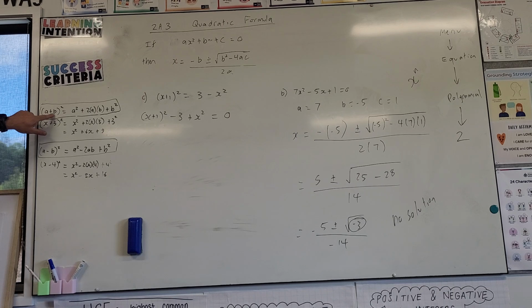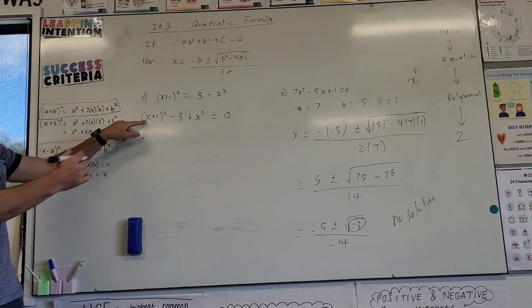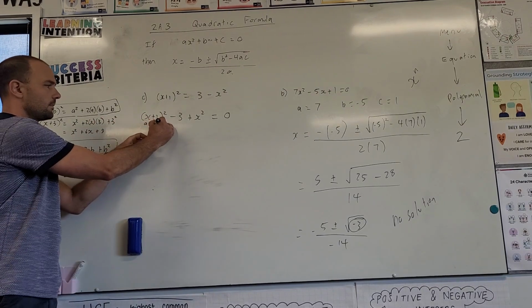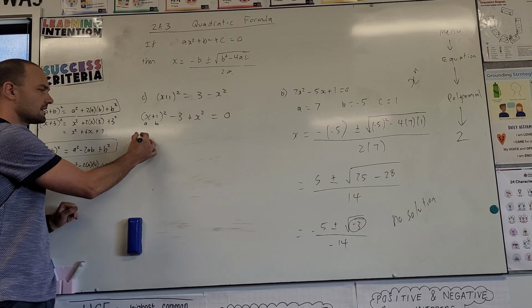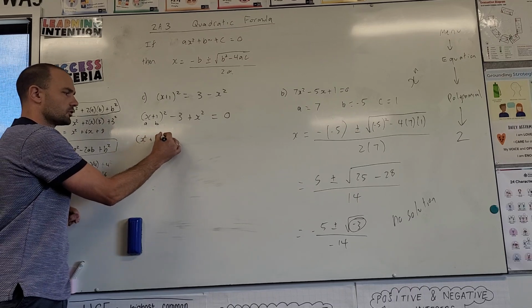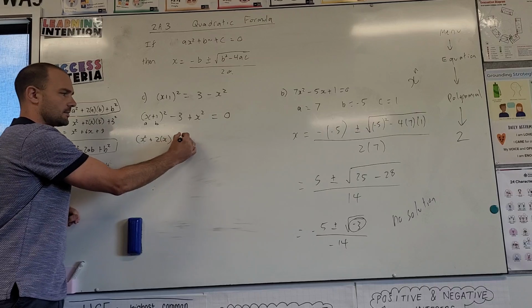Here's the rule. (A plus B) squared is A squared plus 2AB plus B squared. So this one corresponds with A, this one corresponds with B. So when we expand it, it becomes x squared plus 2 lots of x times 1.